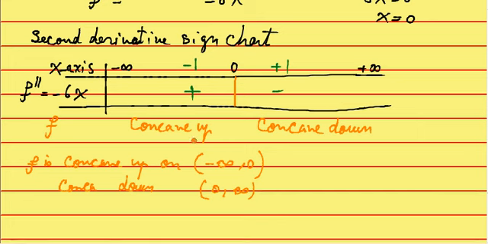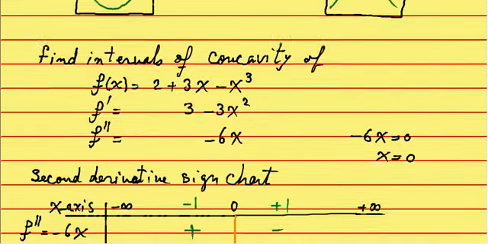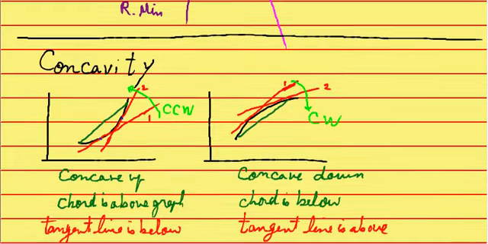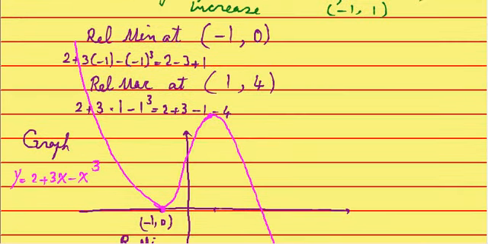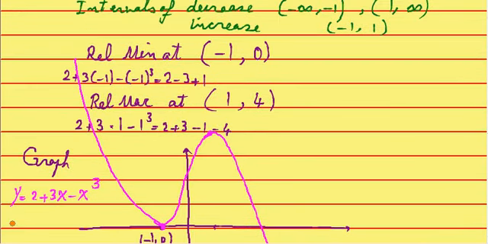If you want to help yourself in graphing, concave up means it resembles a piece of curve that looks like this, like a cup in normal position, and this is going to look like a piece of a cup in inverted position. Let's go back and see if our graph was showing this. Here's a graph we had drawn from minus infinity to 0. This is supposed to be concave up. Our picture is almost correct.